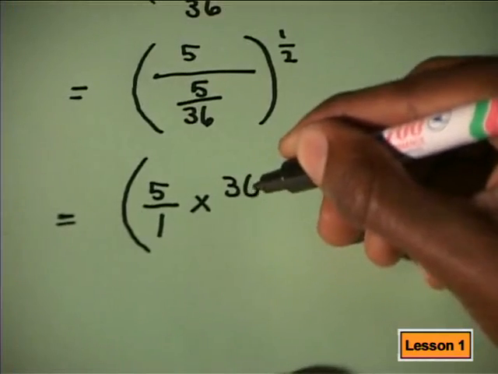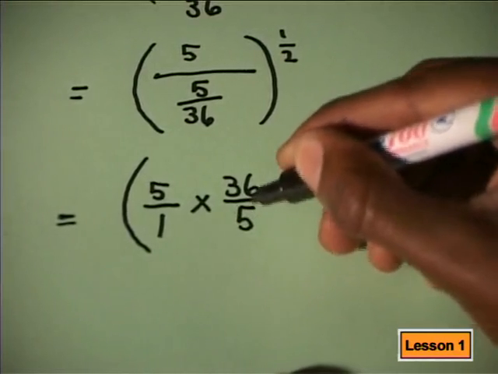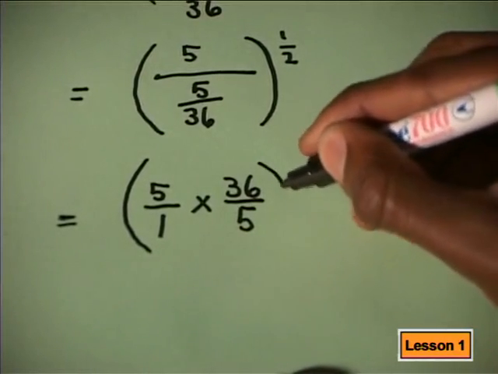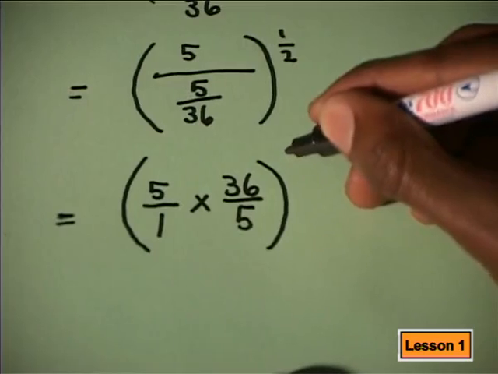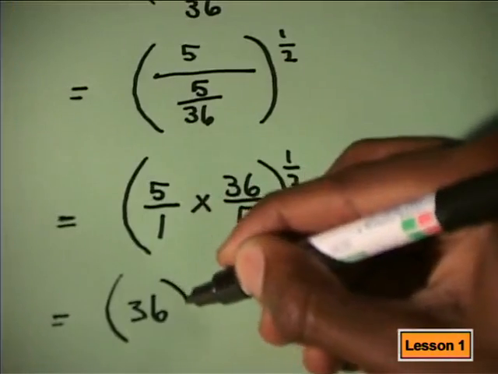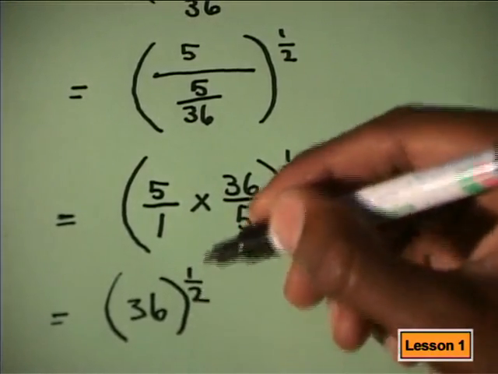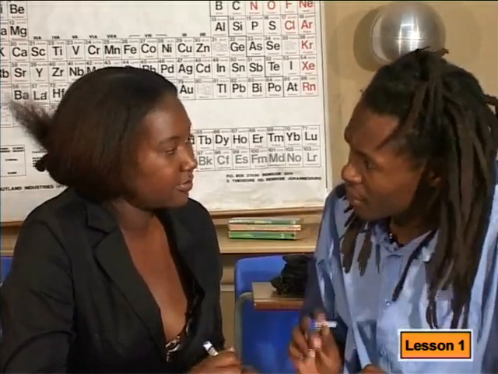This leaves us with a fraction divided by a fraction. So we invert and multiply, and when we simplify, we get 36. I think I can simplify this even further.